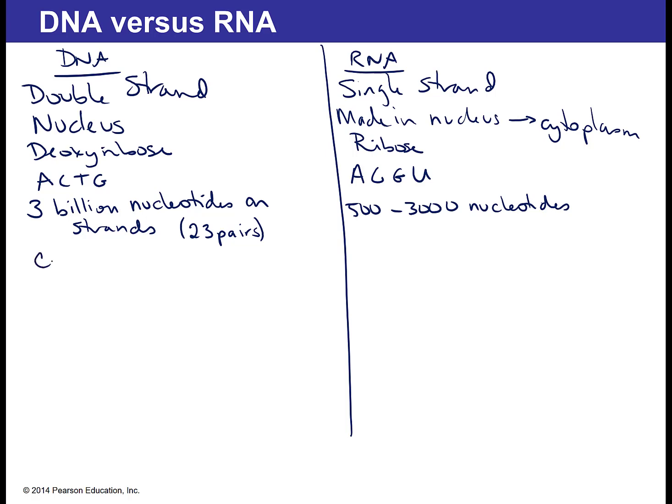This is because DNA is the complete set of genetic information that is needed to make all proteins that any body cell might need.